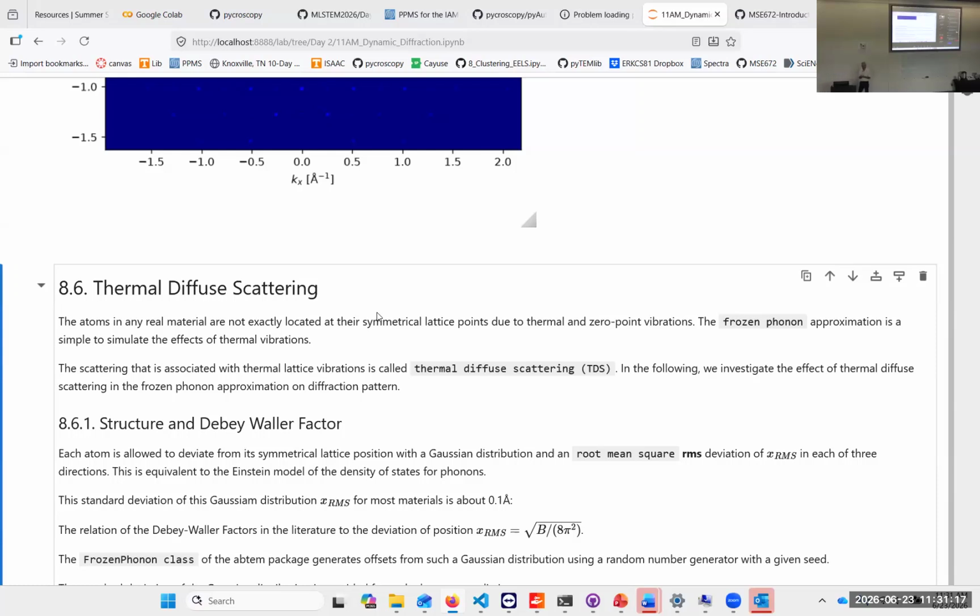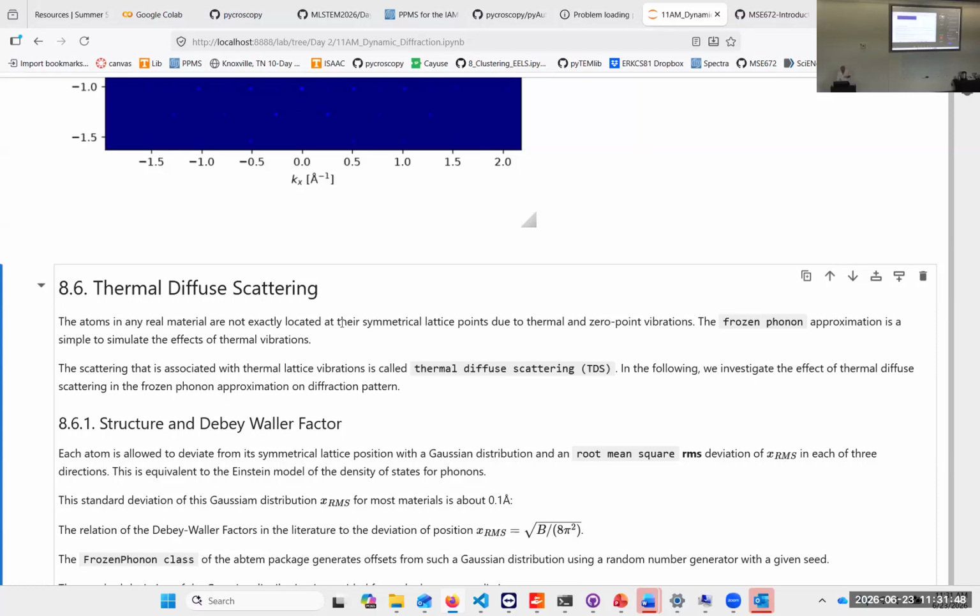So the phonons are collective oscillations of the atoms, and even at 0 Kelvin, because the energy is well defined, the atoms cannot be placed at a specific point. So they wiggle at all points in time. And this oscillation of the atoms are actually a main contributor to our electron diffraction pattern.